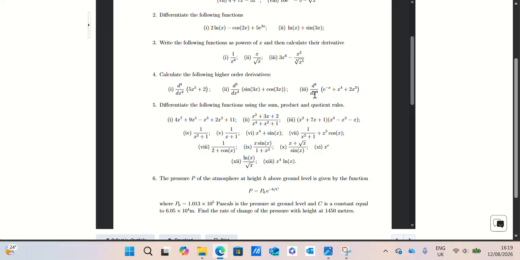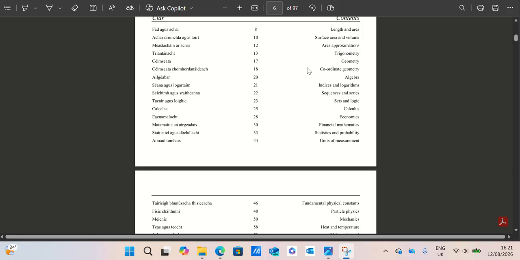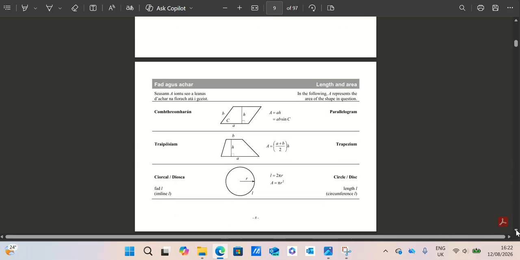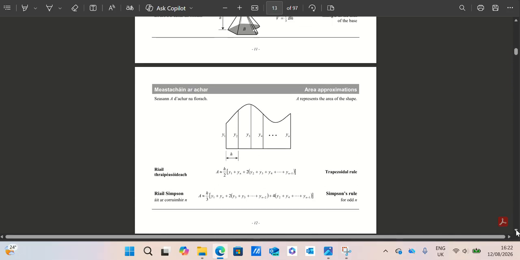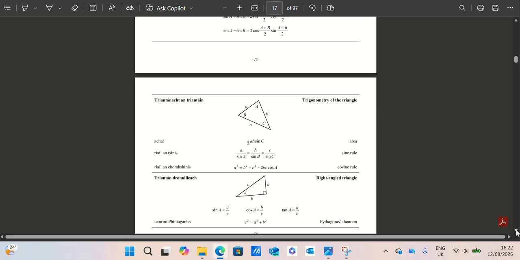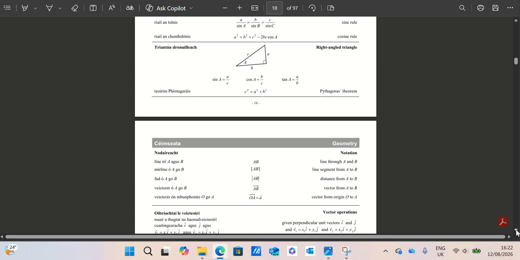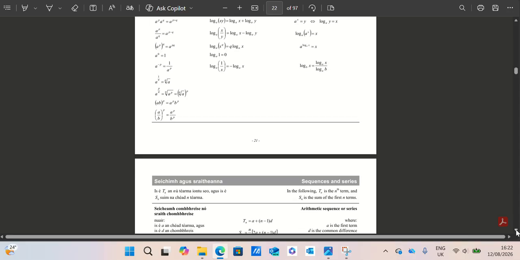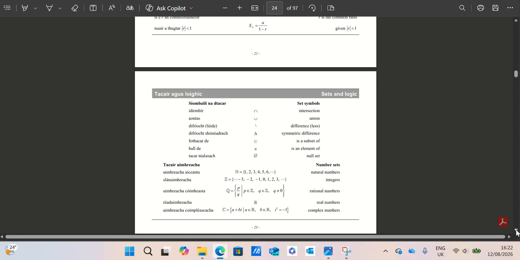I'm still going to be using my notes from the previous one. Actually, hang on. Let me check if I have a logbook anywhere. Okay, so I have just found one that's online. So I'm going to use this instead. I'm just going to come down to my calculus section. Geometry, coordinate geometry, algebra, logarithms.